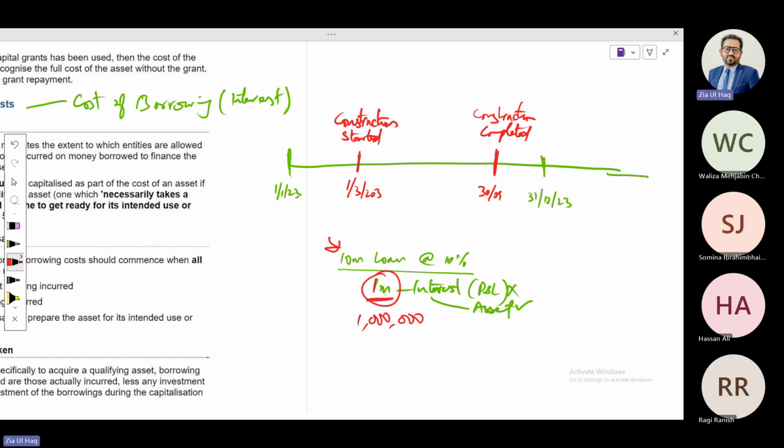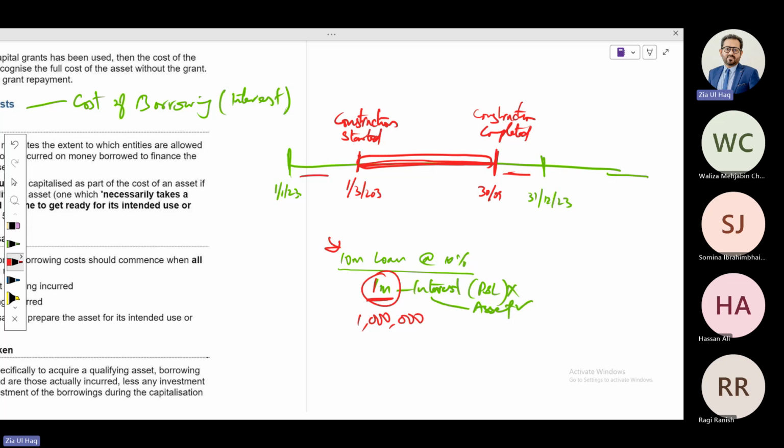Out of this 1 million, how much should be expensed in the profit and loss account? How much should be added to the asset cost? We need to see when asset construction started, 1st March, and when it was completed, 30th September. For that time period, we need to capitalize the interest in the asset. And for the remaining periods, interest should be recorded as expense in the profit and loss account. How many months during construction?